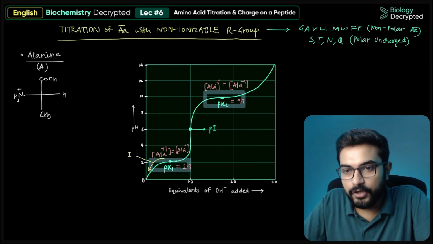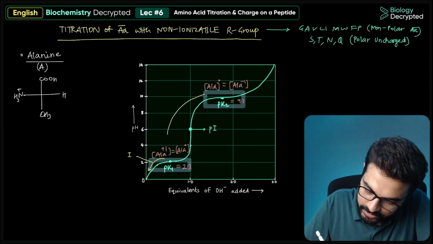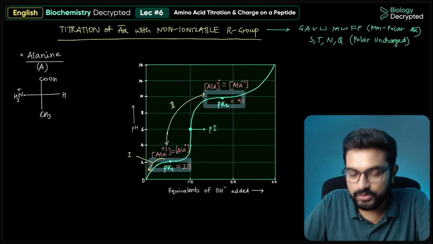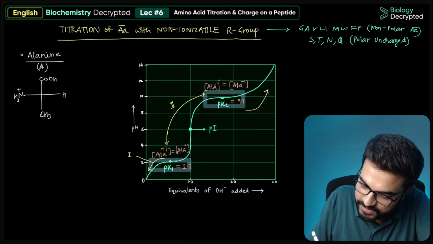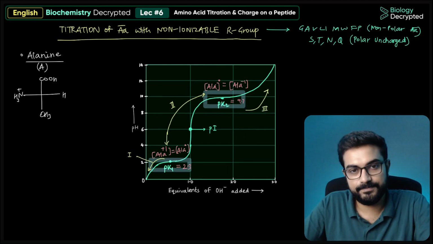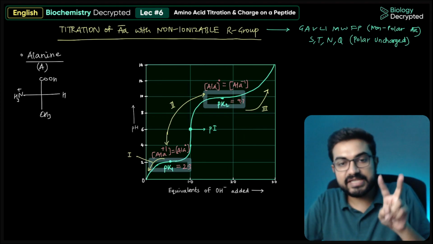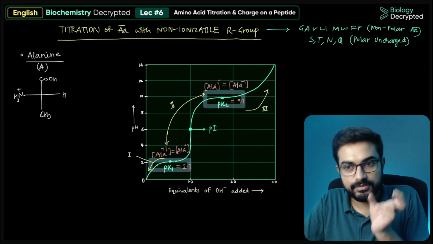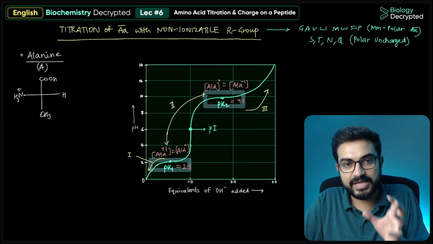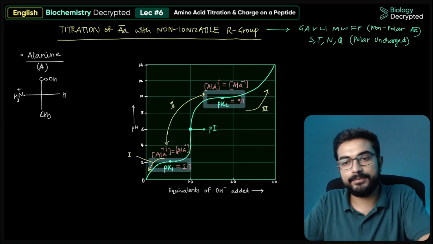After pK1 and before pK2, the dominant species was species number 2, and after pK2 the dominant species is species number 3. This is very important to note. And at the pK, it is actually half ionized. Both are having equal concentration, because 50% ionization has taken place at each of these points, at pK1 and pK2.